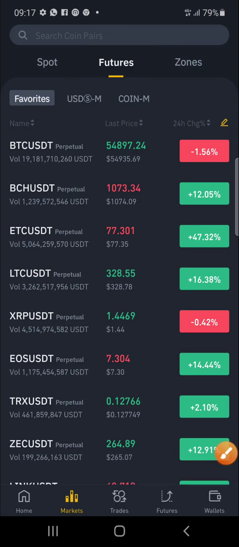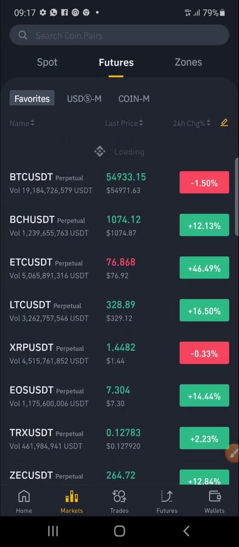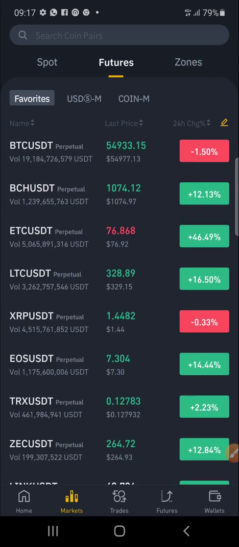Okay, let's go. The difference between futures trading and spot trading is this. In spot trading, we just do normal simple buying and selling. We buy at a lower price and sell at a higher price. Also in spot trading, we can trade with Bitcoin against other lower coins.